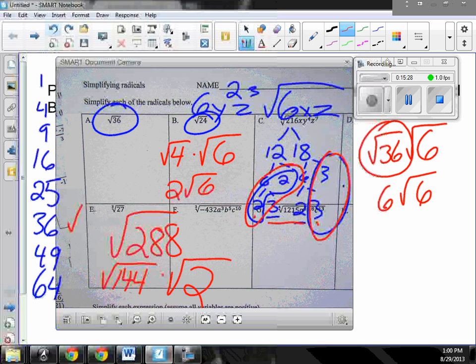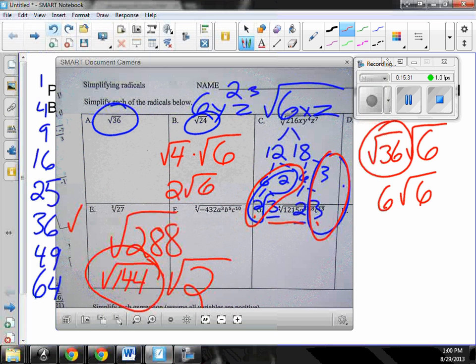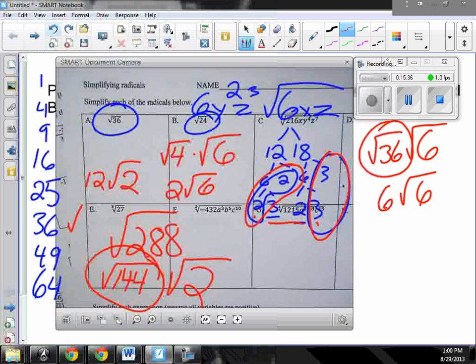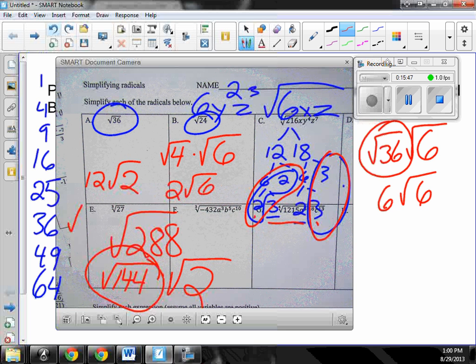This becomes 12, and we have 12 root 2 is our answer. Because we have taken all of those perfect squares, so a 12 is 2 times 2 times 3. So I had 2 pairs of 2s and 1 pair of 3s, and I pulled them out, and the leftover was a 2.